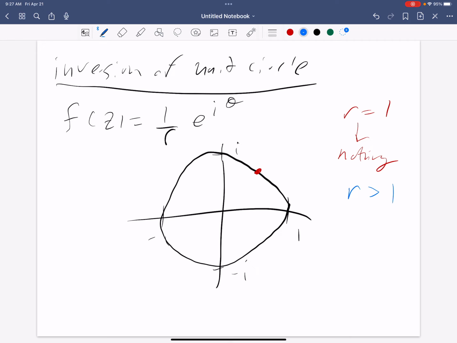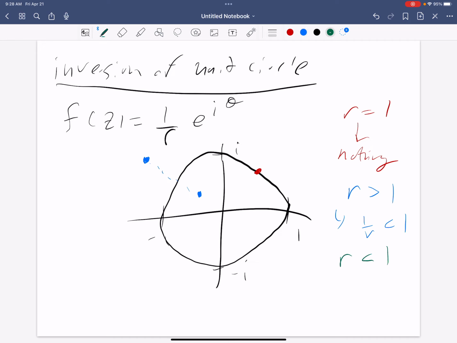Now let's say your r is bigger than 1, so you've got a point hanging out over here. Well, then you get reduced by a factor of 1 over r. So note if that's true, 1 over r is less than 1 in modulus. So this function will keep you on the same angle, but it's going to pull you inside of the circle in the same direction.